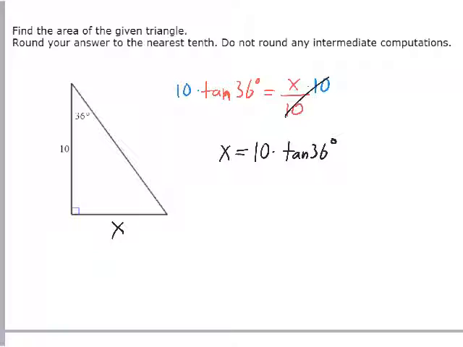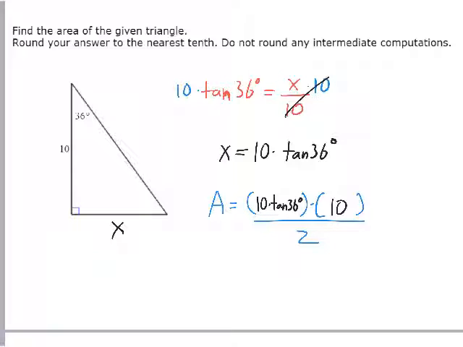If I want to find the area now, the area of a triangle is base times height divided by 2. So our base would be 10 times tangent 36 degrees, and our height is 10. If we put all that in and use a calculator, we can crunch our area more accurately.